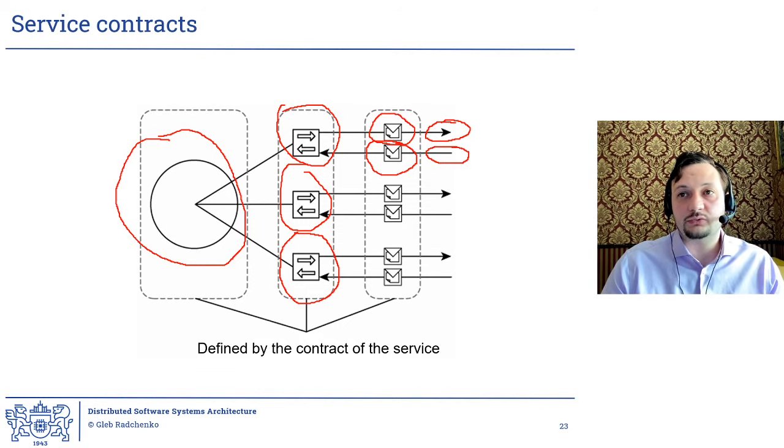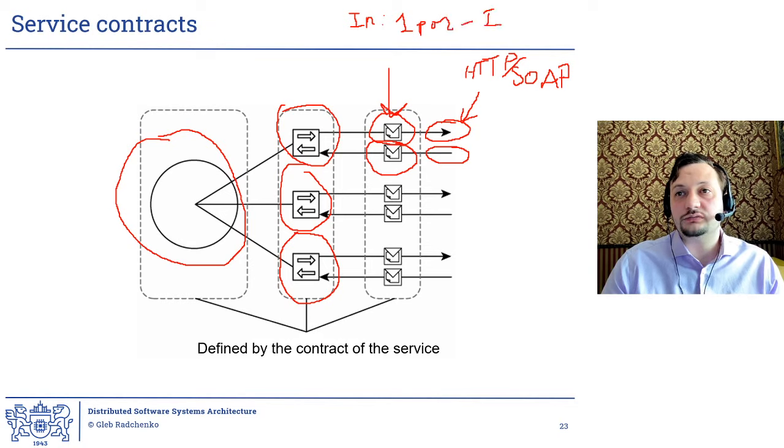For example, here we say that we use HTTP and SOAP. Here are two messages. The input message would be one parameter, integer, and the output message would be one parameter, integer, and this would be the method, for example, add.